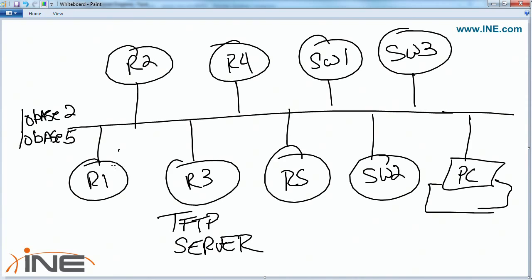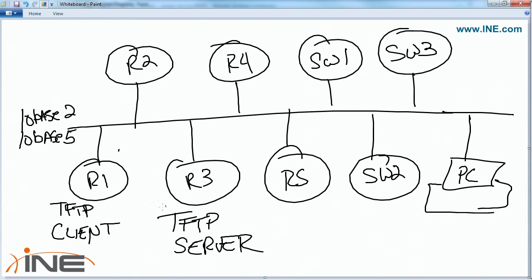So it's basically listening for someone to ask it for a file, which in this case is its iOS image. So router 3 is going to be the server. Router 1 is going to be the TFTP client.